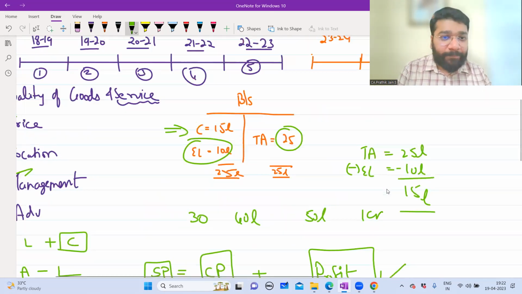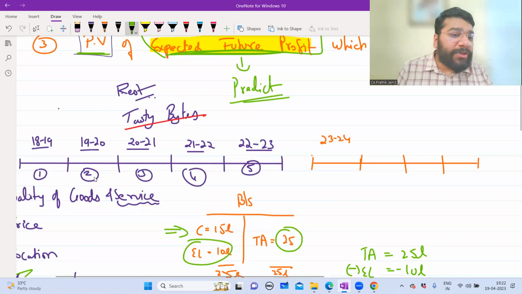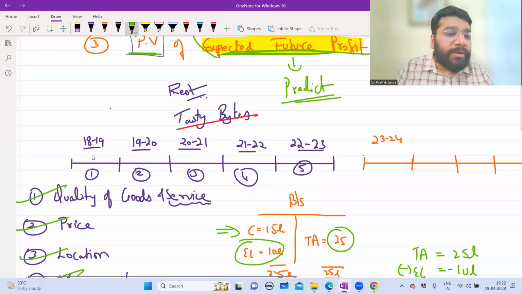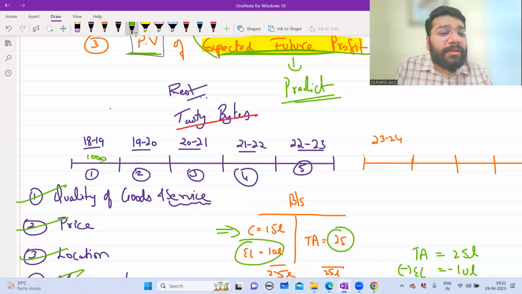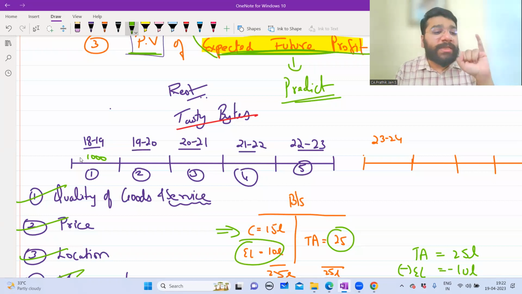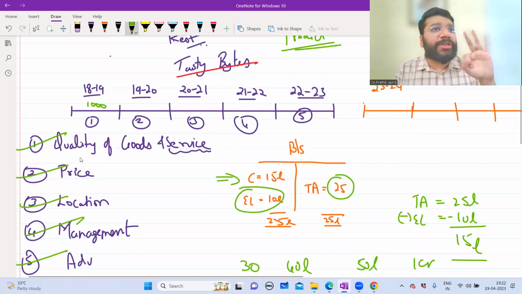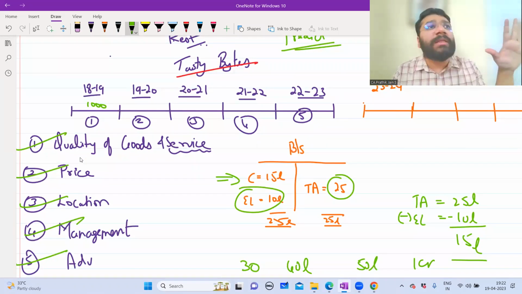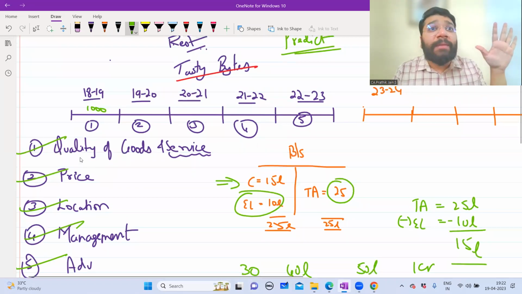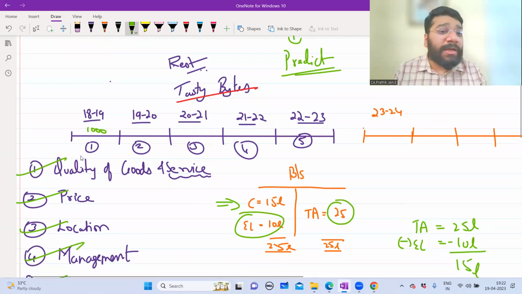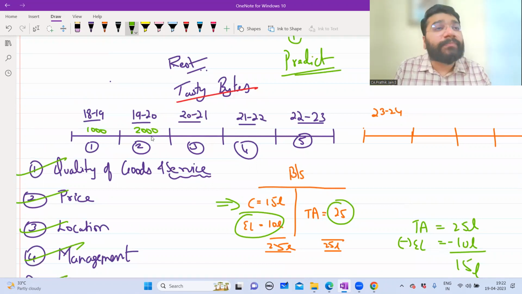I'll give you an example. Let's say in the first year, when you started the business, you serviced about 1,000 customers. Your quality of goods and services was good. Price was excellent. Location was super. Management was super. You did regular advertisements at regular intervals. Because of that, the next year your customers doubled. Then in the third year it became 4,000.